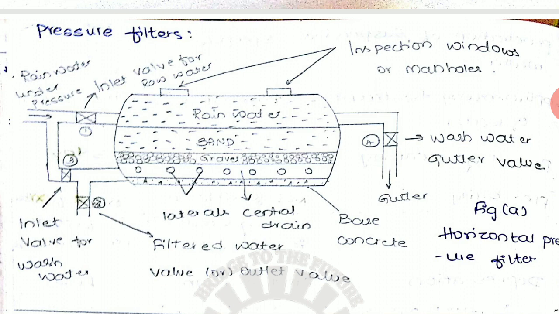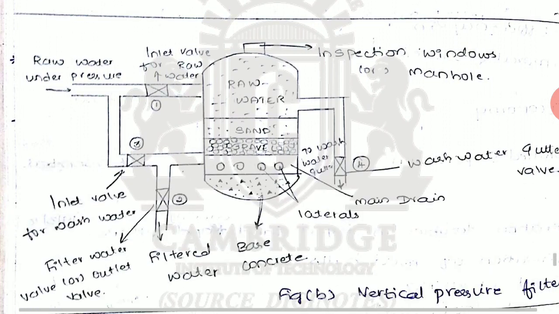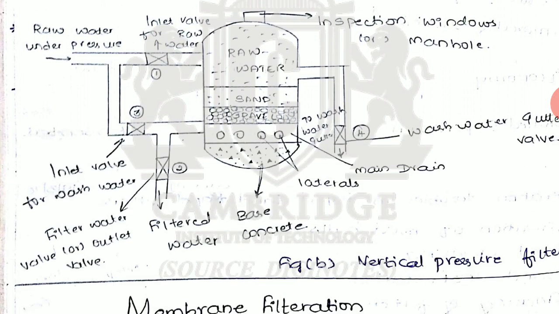This is the horizontal pressure filter, and the second is the vertical type of pressure filter.